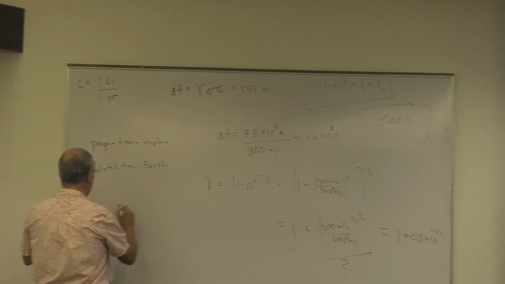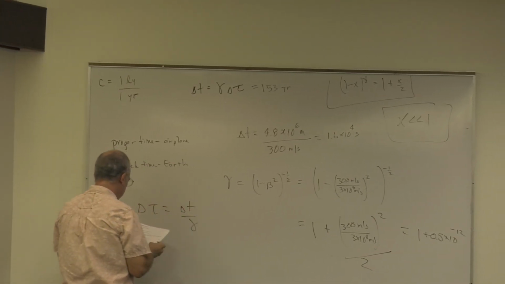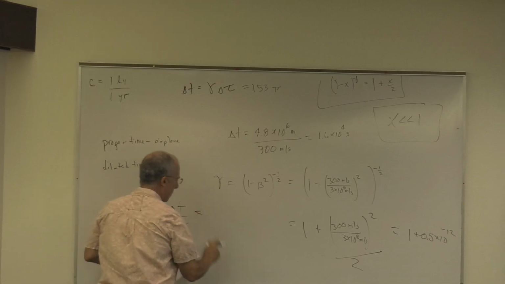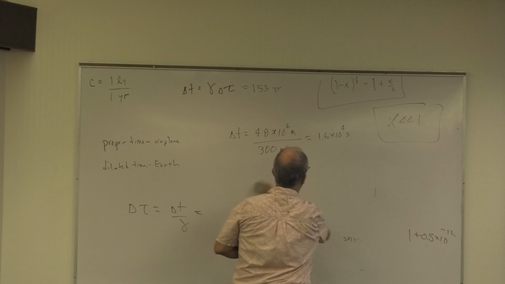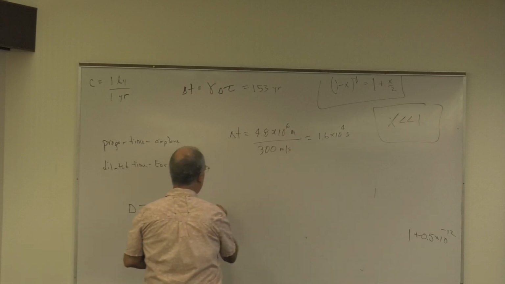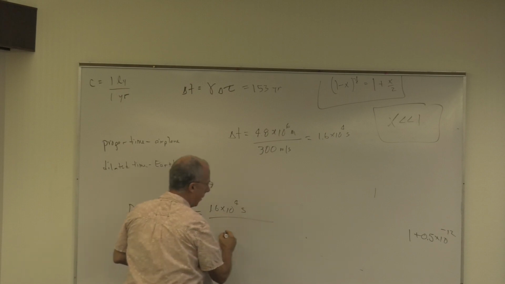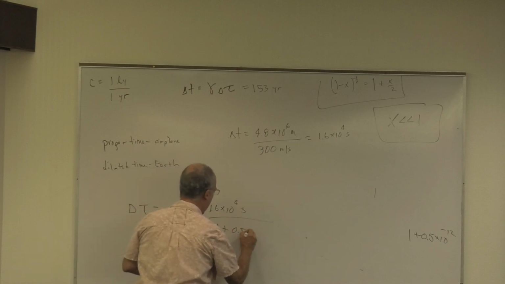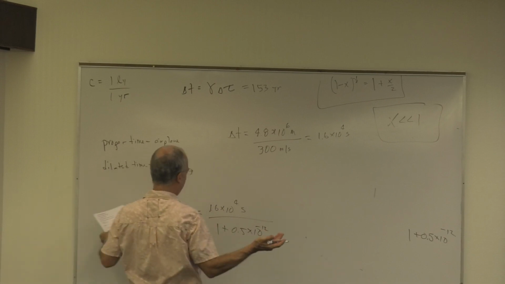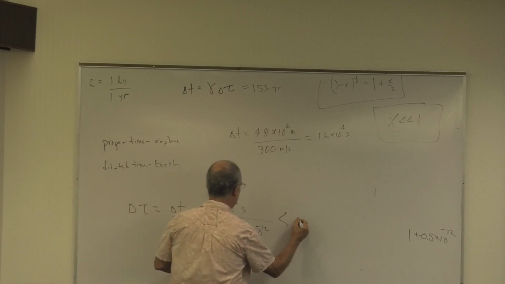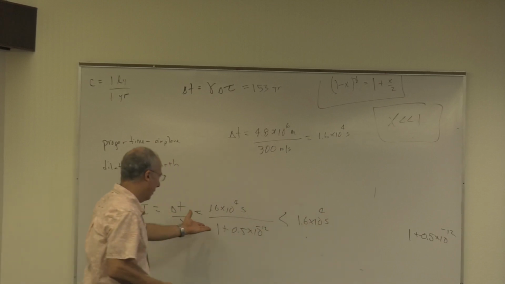So delta tau is delta t divided by gamma. So that is 1.6 times 10 to the 4th seconds divided by 1 plus 0.5 times 10 to the minus 12. And all I'm going to say is it's less than 1.6 times 10 to the 4th seconds, right?